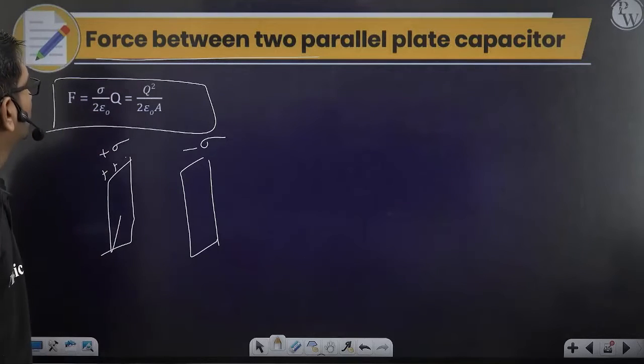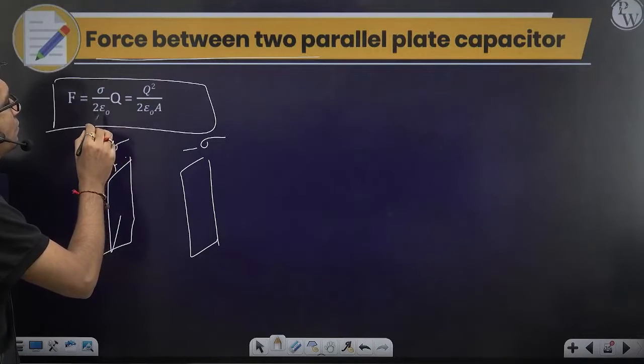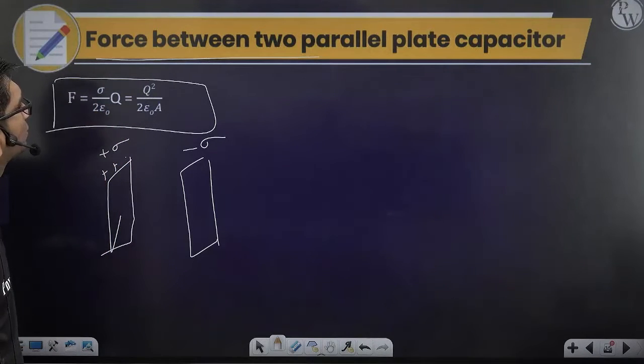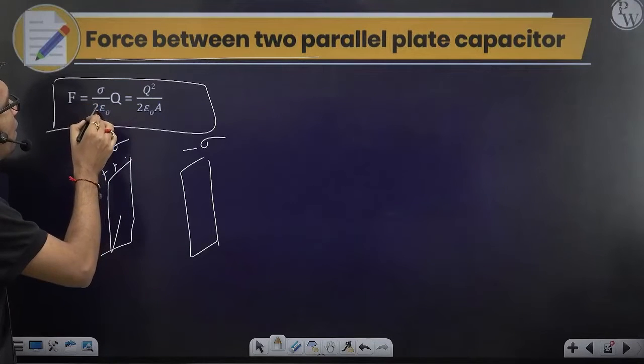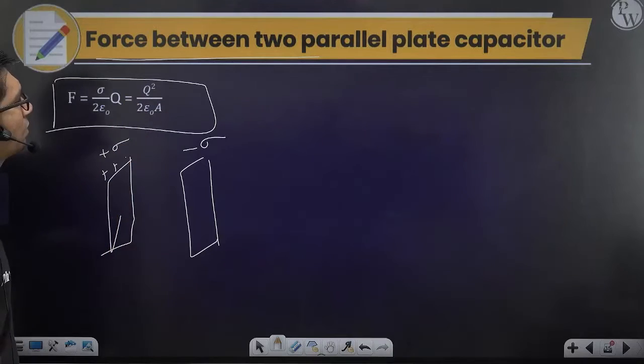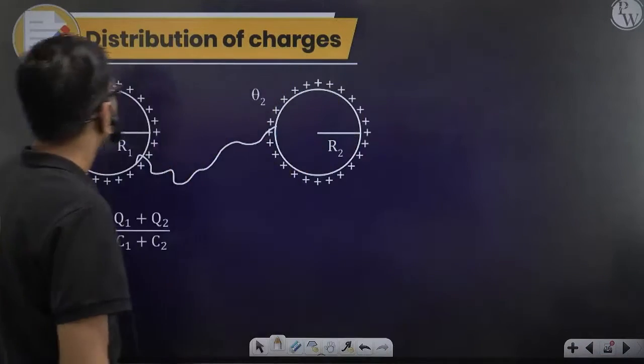So this one is sigma into q by 2 epsilon naught, or else you can write down q square by 2 epsilon naught. You can write down this one also. Just remember, beta, that's it.